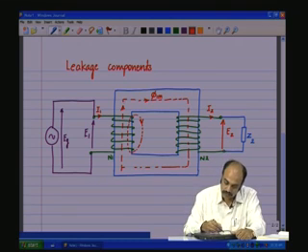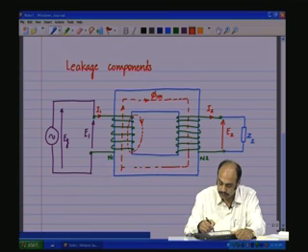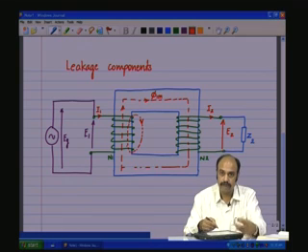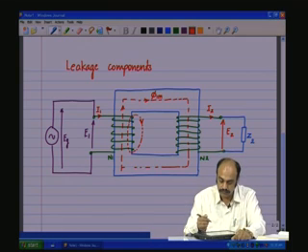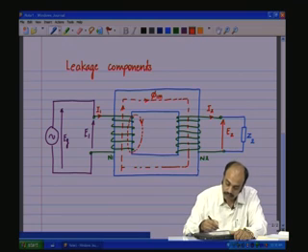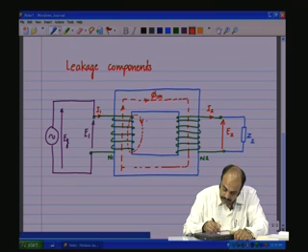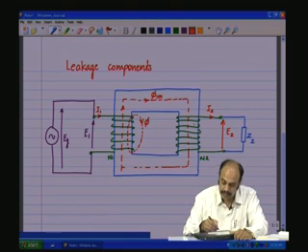Some of the flux is going to go through the core and some of the flux is going to loop back through the air, because now there is a finite N i which can drive the flux through the air which has a lower permeability. Now, this flux we will call the leakage flux, which is not linking with the secondary.